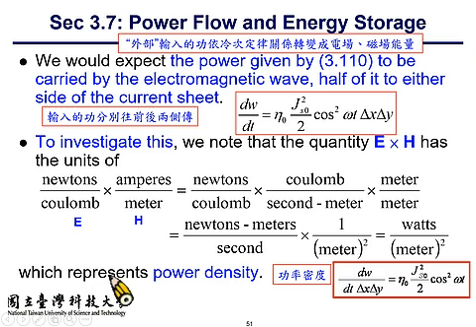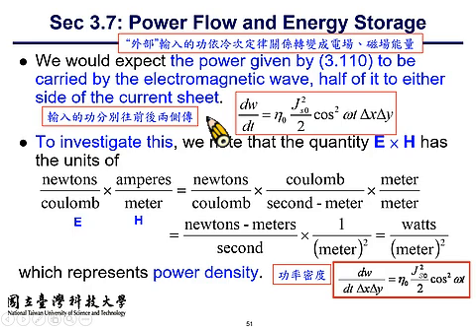So the power delivered by the current source shall be transformed into energy stored in the electric and magnetic fields, which propagate toward the front and back of the current sheet. So far, we have calculated one thing, that is the power delivered by the current source.